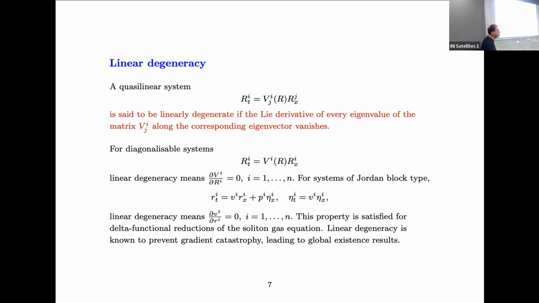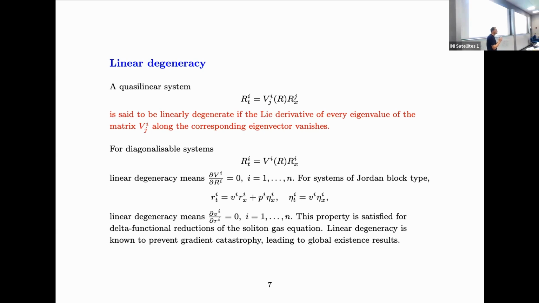Now linear degeneracy. I said that the system is linearly degenerate. What does it mean for systems of Jordan block type? So first of all, a general quasi-linear system of this form is said to be linearly degenerate if eigenvalues of the matrix Vij are constant in the direction of the corresponding eigenvectors.